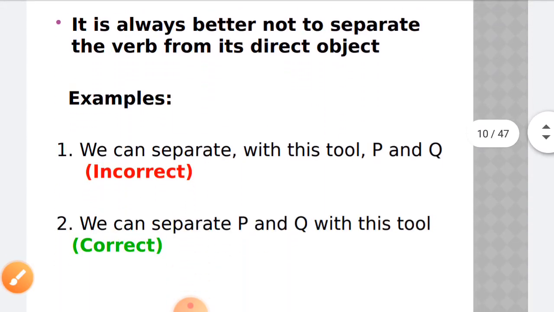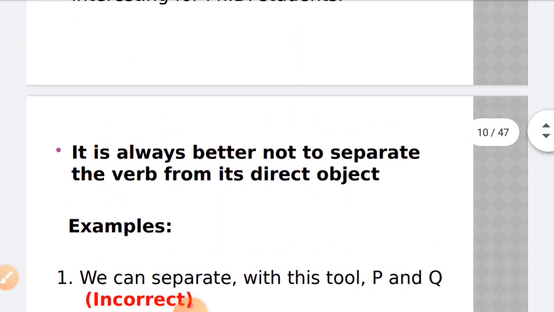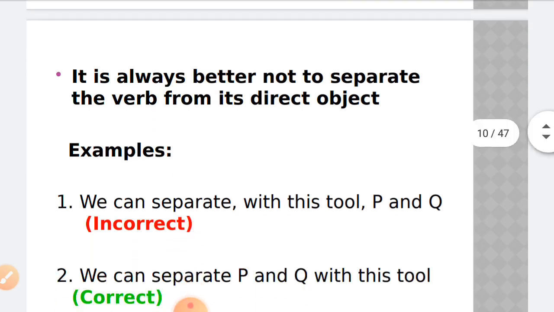It is always better not to separate the verb from its direct object. Sentence 1: we can separate with this tool P and Q. Sentence 2: we can separate P and Q with this tool. Sentence 2 is correct, whereas sentence 1, in which we see that the verb is separated from its direct object, is incorrect.